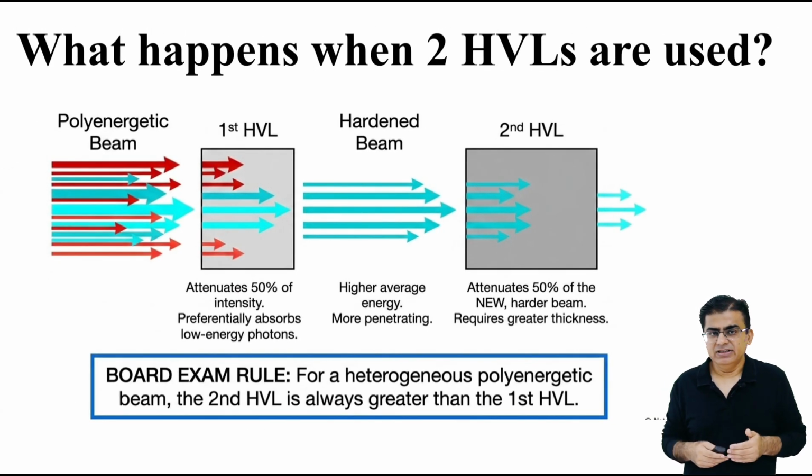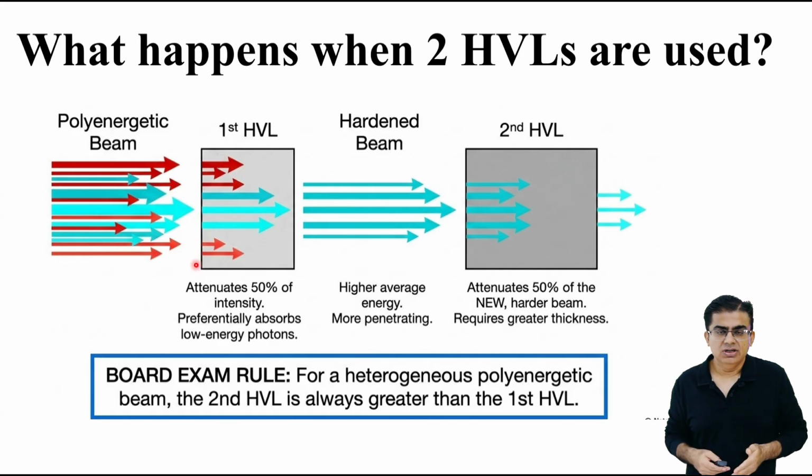There is a paradox here with HVL. On the far left side, you can see a standard polyenergetic beam. You can clearly see it consists of a complex mix of weak red photons and strong blue photons. This mixed beam now enters our first half value layer.